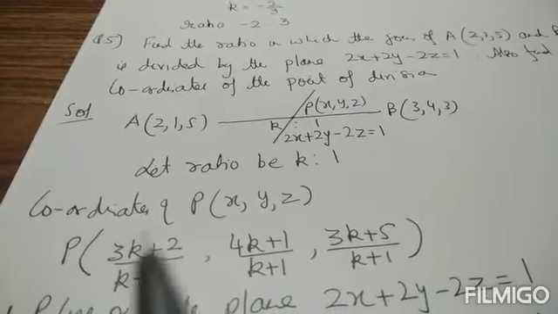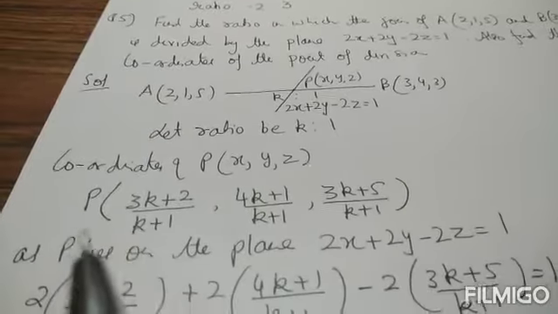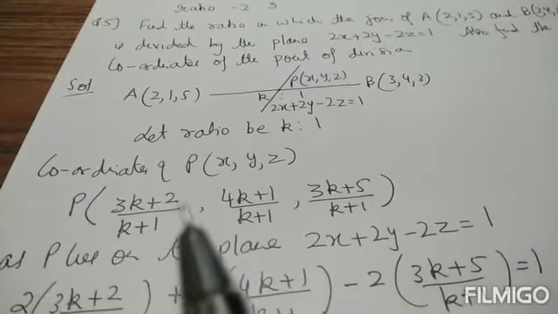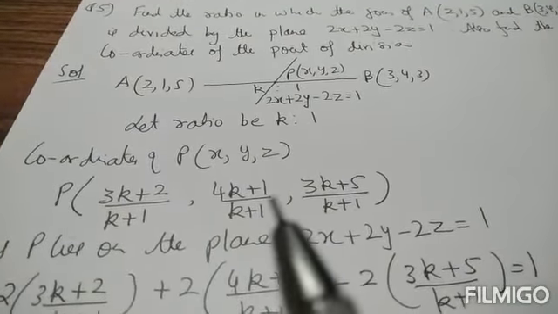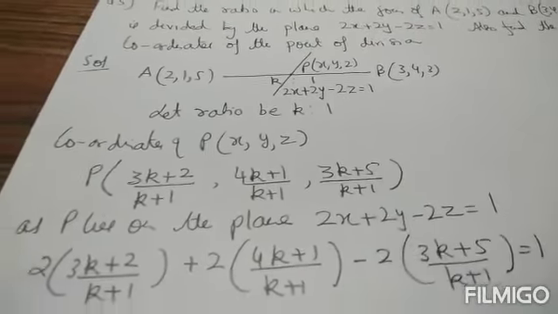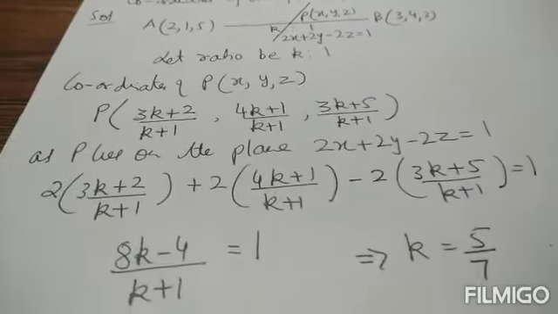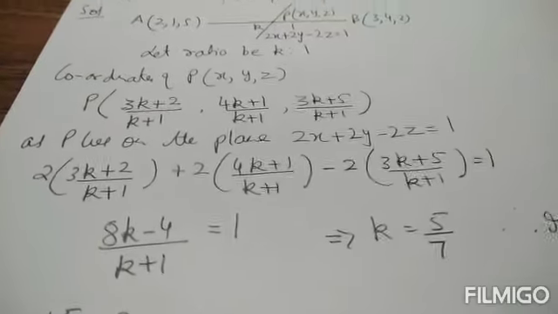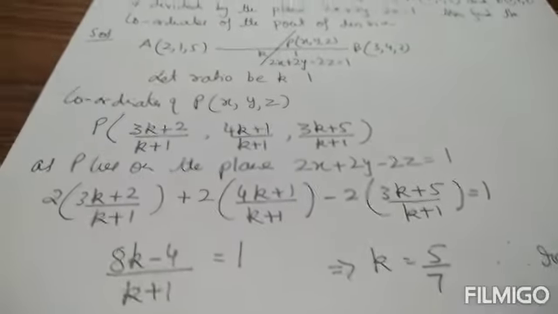So the coordinates of point P(x, y, z) are P((3k plus 2) upon (k plus 1), (4k plus 1) upon (k plus 1), (3k plus 5) upon (k plus 1)). Since the point P lies on the plane 2x plus 2y minus 2z is equal to 1, it will satisfy its coordinates.